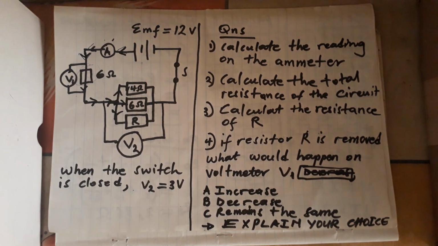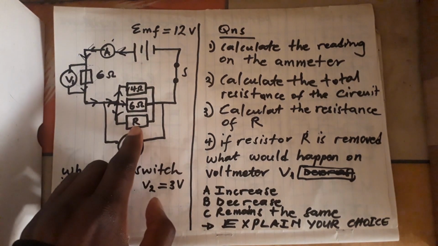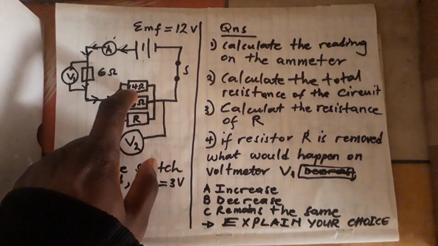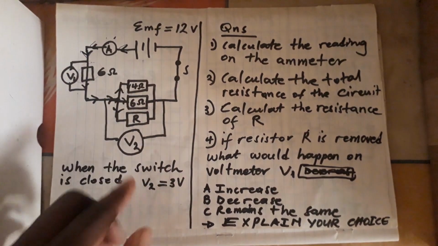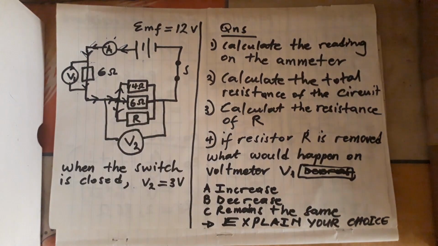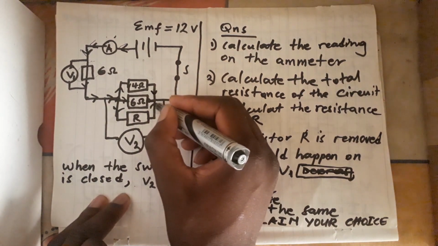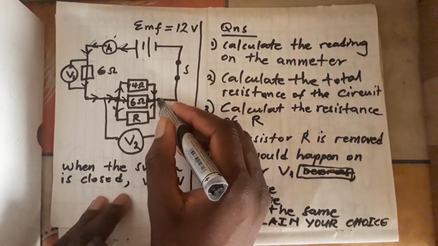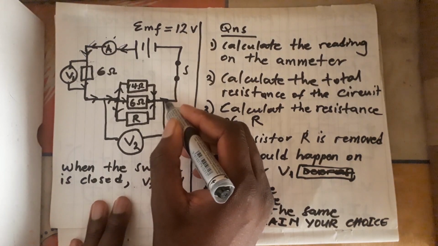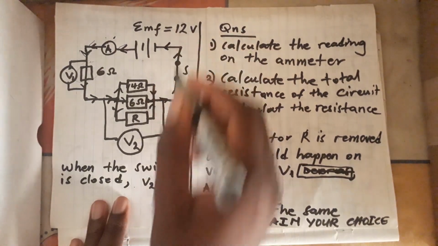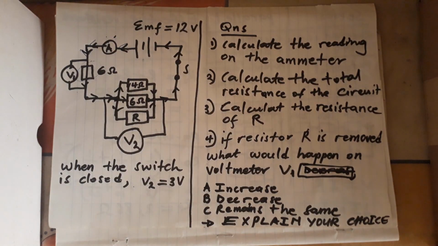We are not sure now because we don't know the resistance of R. But between these two, we can tell that this is going to have high current because it has a lower resistance. And then current carries on like that and meets again at this point and starts to flow as a single unit, just like this, until it reaches the negative terminal of the battery.